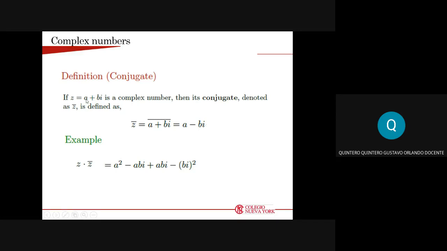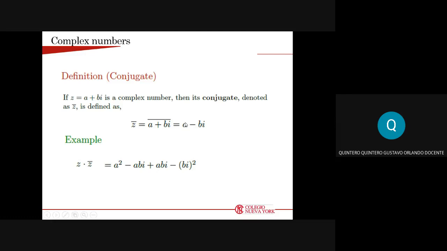So first, right, a times a, a squared. Outers, so a times negative bi, so negative abi. Did you see? We're doing FOIL. So we did F and O. Let's do I. Inners. bi times a.